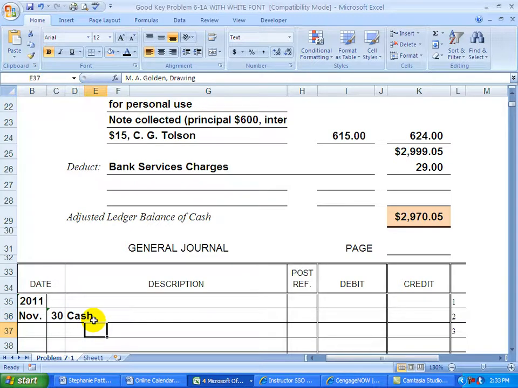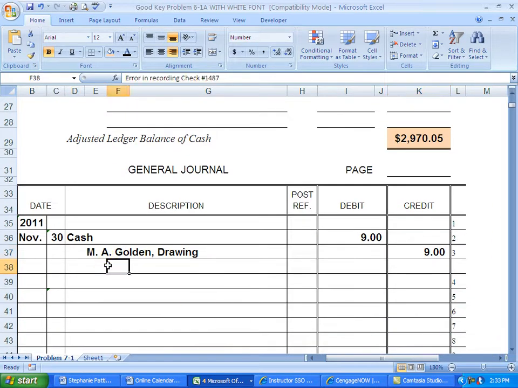And where the error was before was in the drawing account, so we have to credit it to make it get up to date. And the amount is a $9 debit to cash, a $9 credit to drawing to make it be up to date. And then we have to write an explanation in our journal. We had an error on check 1487.